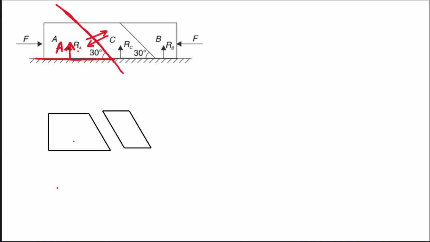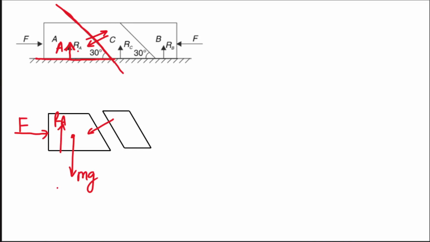Okay, so A पर अगर आपको forces दिखाने हैं, you will be telling this is mg. Done है, and then contact force because of the table, that is RA, and then contact force because of contact with the block C, and that will be in which direction? It will be in this direction on the block A, and also this F force is directly acting on block A.